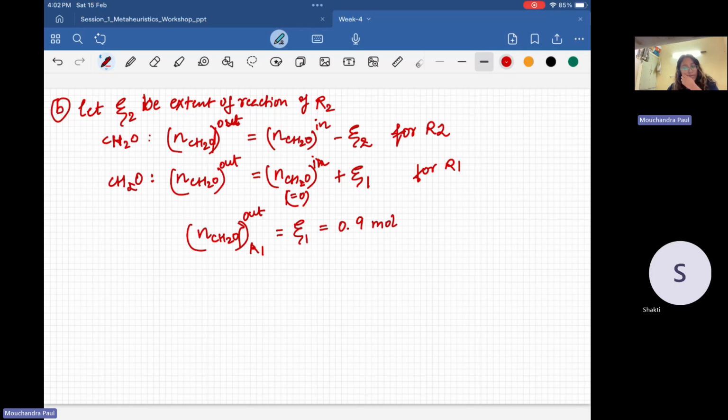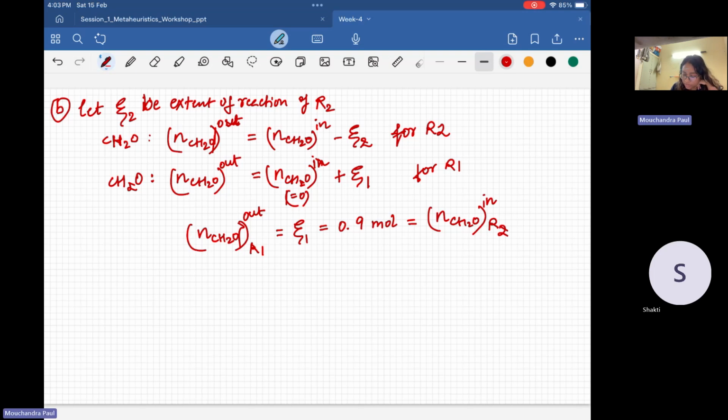Also note that in reaction 2, the formaldehyde, which is the reactant there, is coming from reaction 1, right? So if we apply that logic, the number of moles of formaldehyde going into reaction 2 is also 0.9 moles.